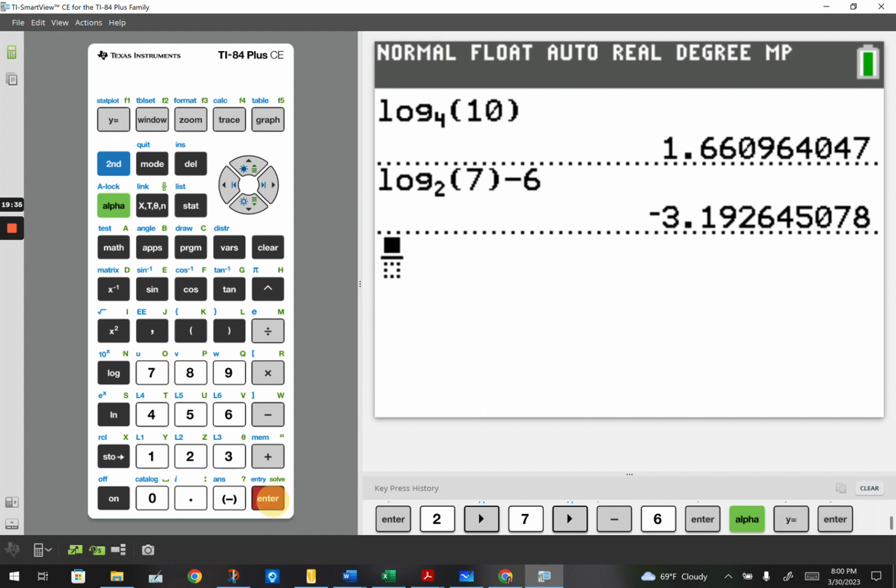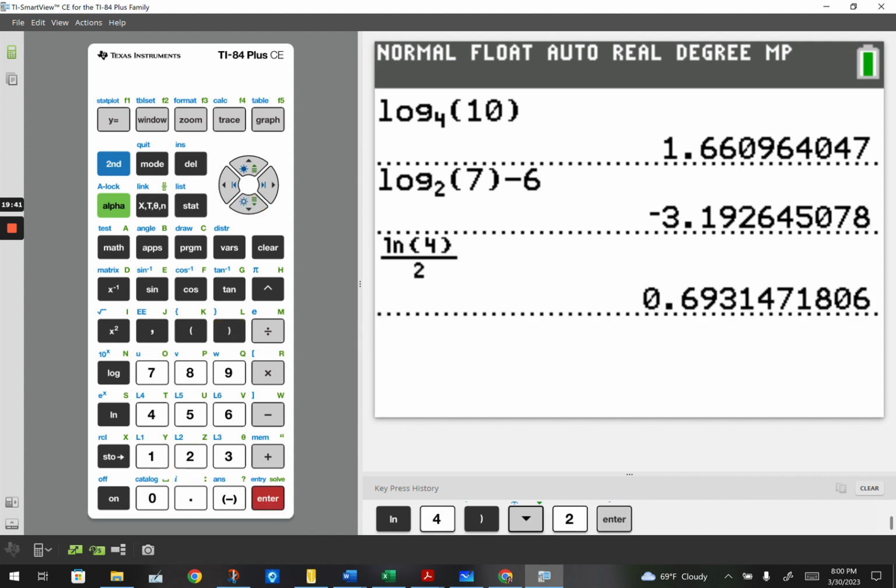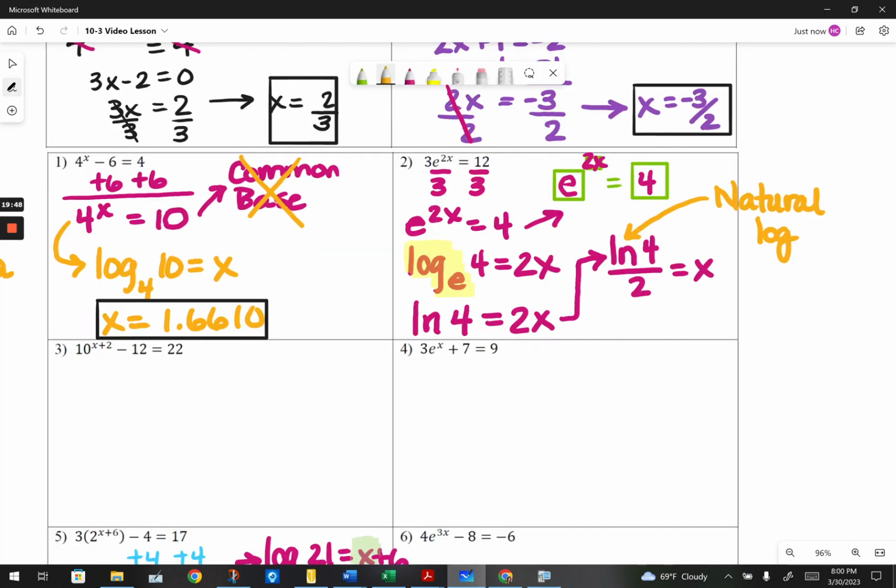So ln 4, and I'm going to divide by 2 to get 0.6931 as my answer for x. So x equals 0.6931, and you are done.